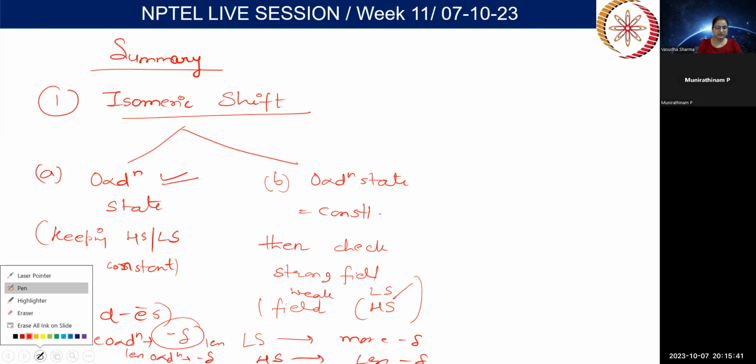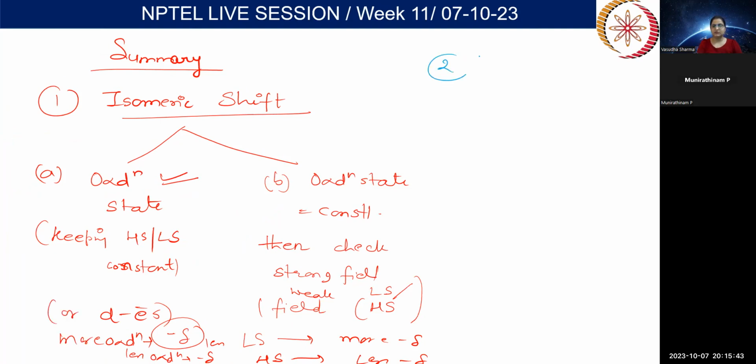The other factor is the quadrupole splitting. That is the splitting we keep seeing in the spectra, between the two peaks. Earlier it was only one peak, then it splits into two.